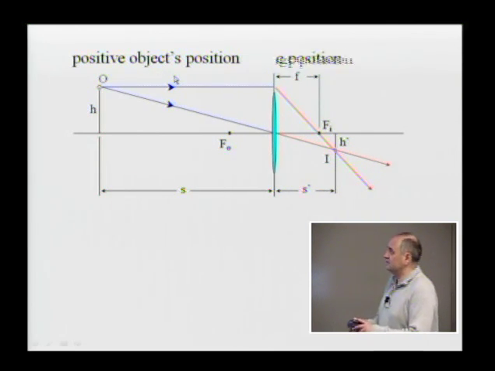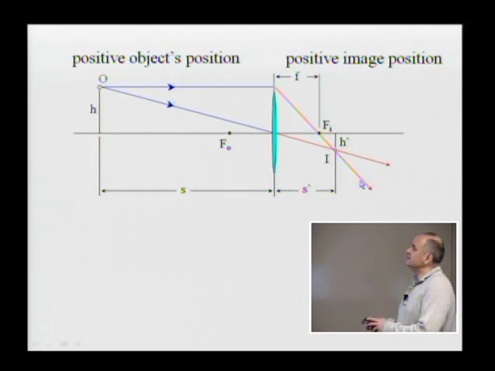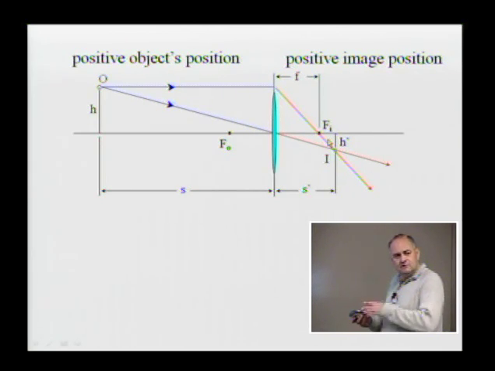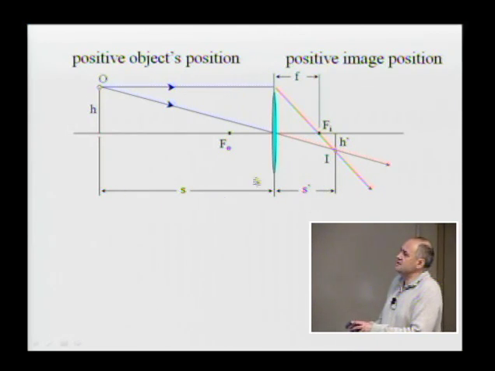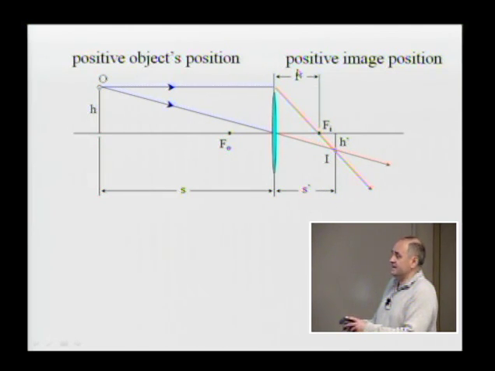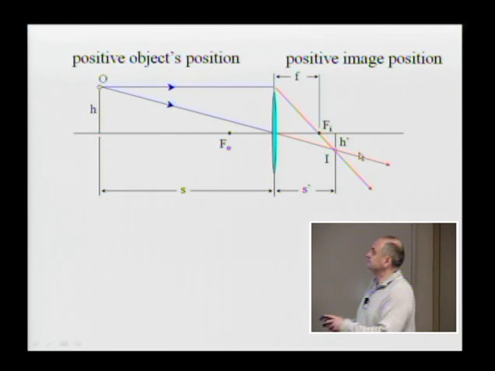Now for images, if the image is on the same side as the refracted light travels, then we assign a positive value to the position of the image. So in this configuration, both S and S prime are positive numbers, and F is a positive number as well. The image focal point is on the side of the image rays.